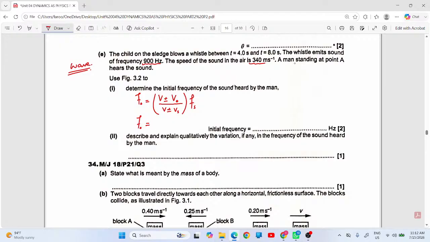A man standing is the observer. तो अब वो उससे दूर जा रहा है तो हम यूज करेंगे प्लस, इनटू f s.